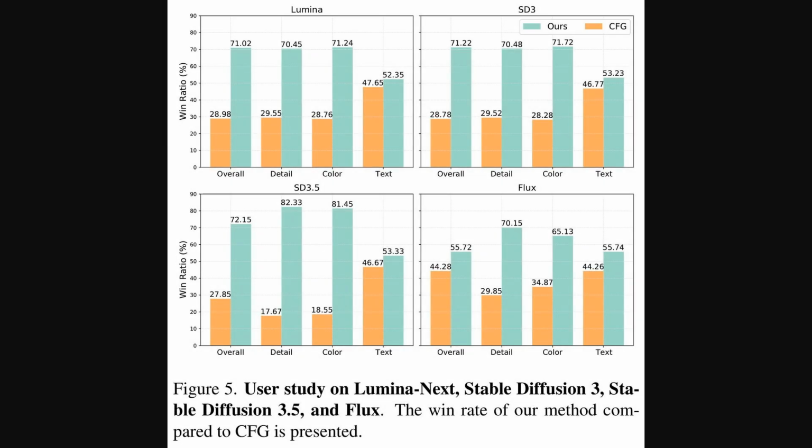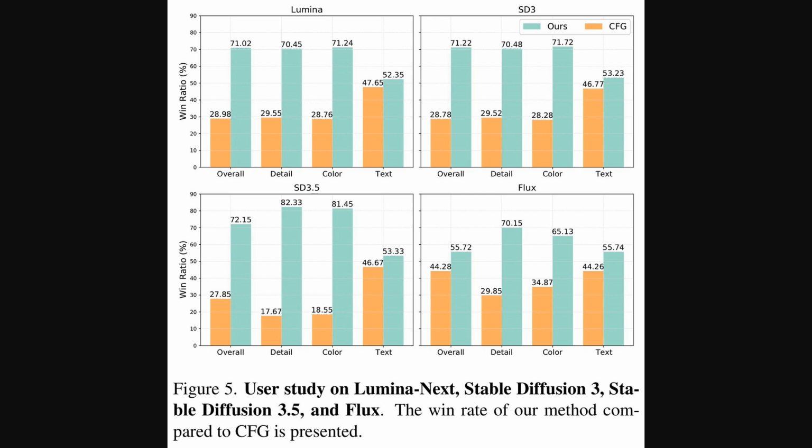Okay. So, beyond just looking at the images ourselves, Figure 5 here gives us results from a user study where people were asked to compare the outputs. Again, it's comparing the proposed CFG-Zero method, shown in the teal bars, against standard CFG in orange across those same models: Lumina, SD 3, SD 3.5, and Flux.